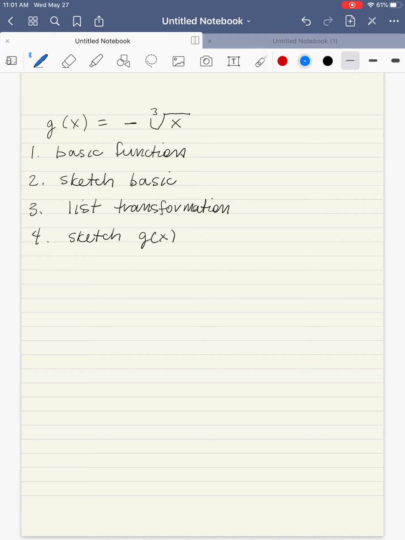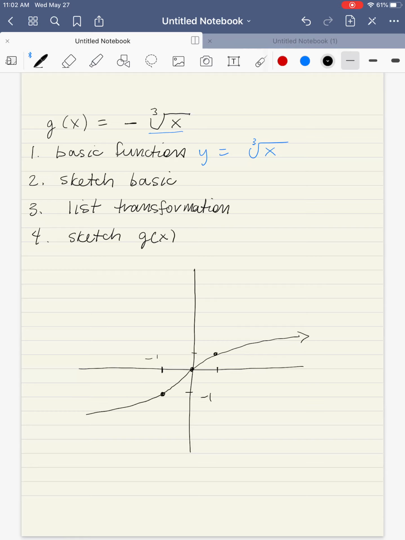Okay, so we see that our basic function is the cube root of x. So we have y equals the cube root of x. And then I sketch that. And if I remember my basic functions, I remember that the cube root is the one, and if I plot my 3 points, the cube root is the one that curves out this way and then back over here at (-1, -1), back over in this direction.